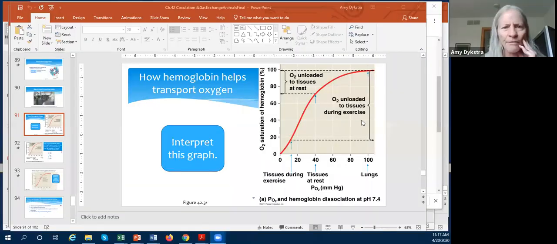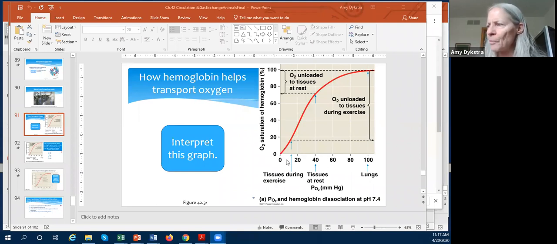So let me find a slide that shows this. I'll find this with the O2 graph. I see a nod. Yes. So notice that oxygen concentration, which we refer to as partial pressures of oxygen, matters.